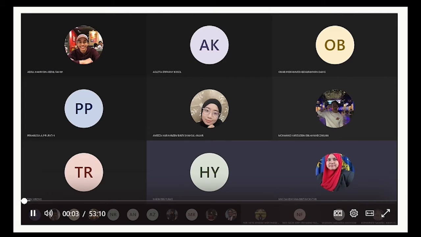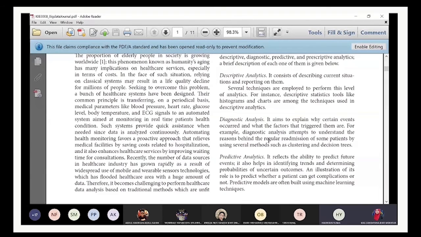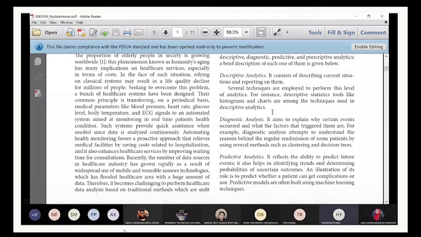Have you ever been to a clinic? Yes. Did the doctor perform a blood pressure measurement? Yes. Can you describe what data the doctors normally measure? Systolic and diastolic pressure.